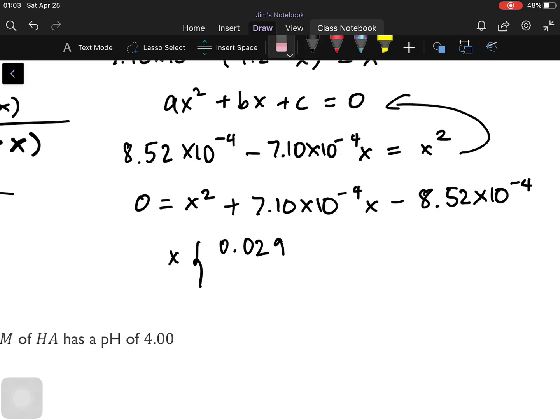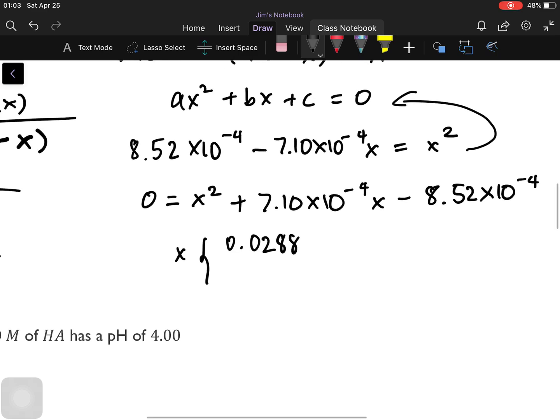Let's use 4 decimal places. 0.0288 molar. And the other root is negative 0.0295 molar. Okay, so we have two roots.